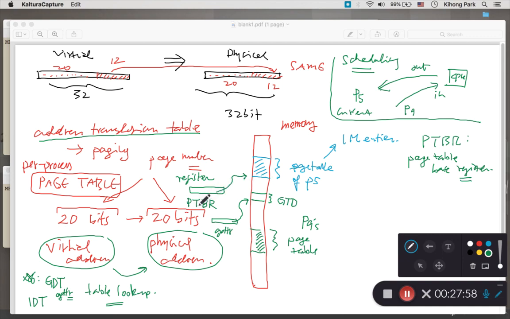But the content of this page table base register needs to change each time we context switch in and context switch out a process. When this guy was pointing here, that was when P5 was current. But after P5 is context switched out, this guy now cannot point here anymore.